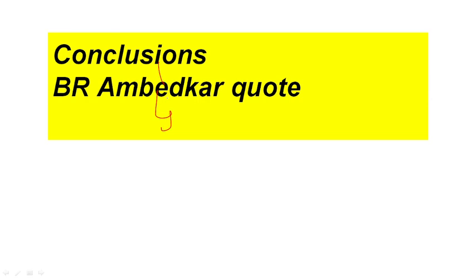I will quote again: reservations are to be seen as temporary and exceptional. If this continues, they could eat up the role of equality, unquote. And this is an important discussion about the economically weaker section judgment, which came yesterday.